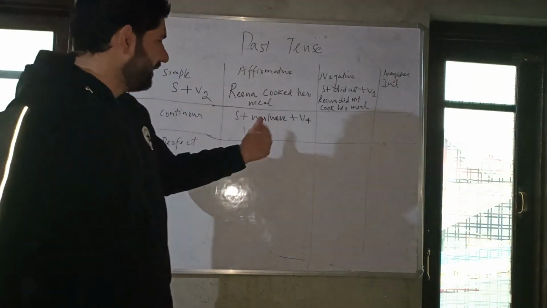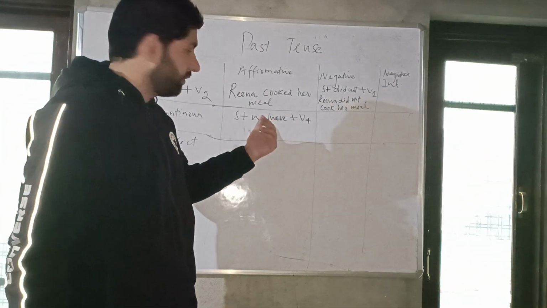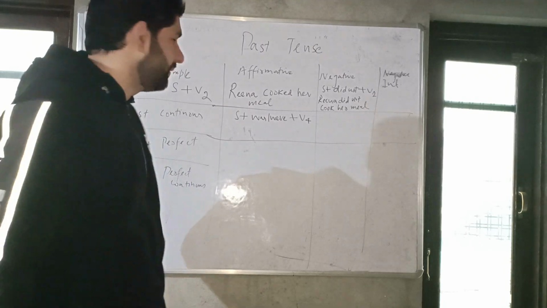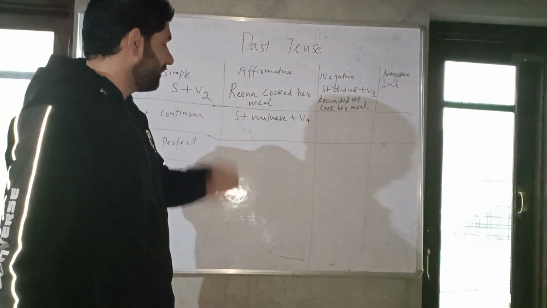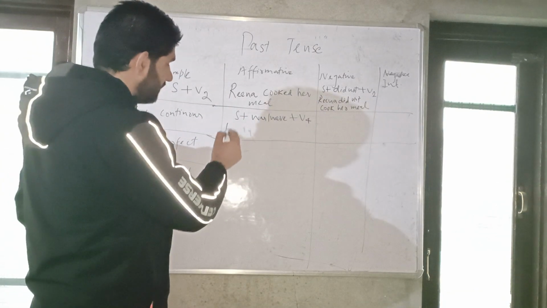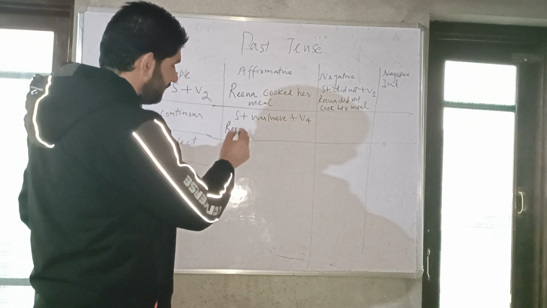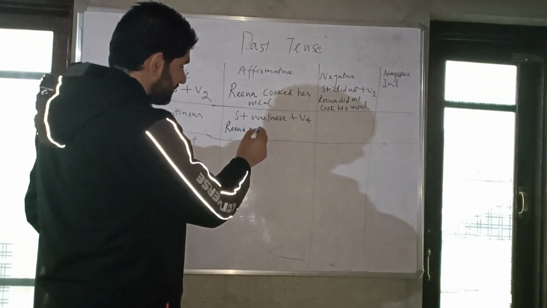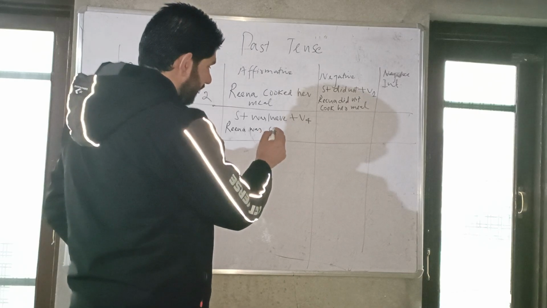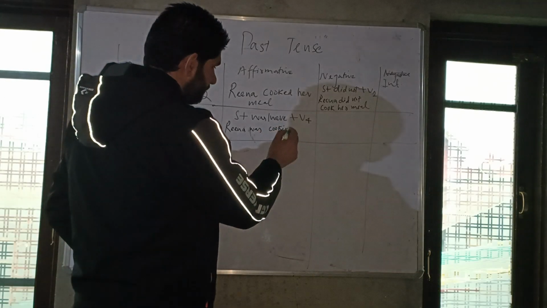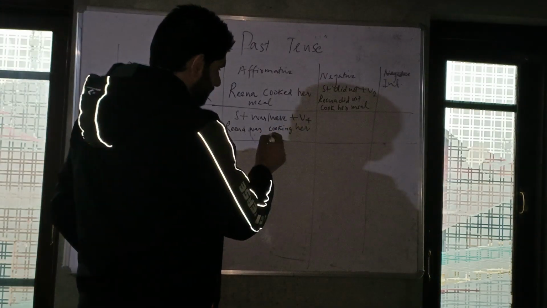So that is to say, was is used with singular and were is used with plural. So if we are to use past continuous, it will be like this. Reena was cooking her meal.